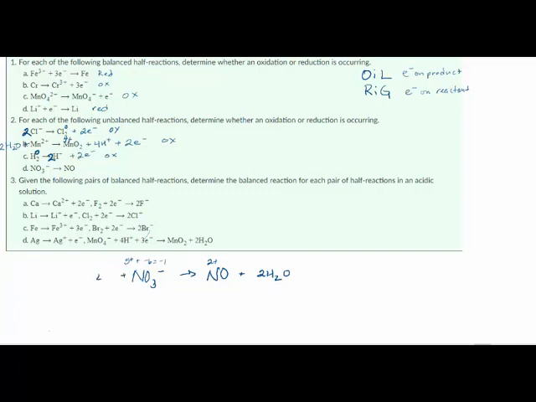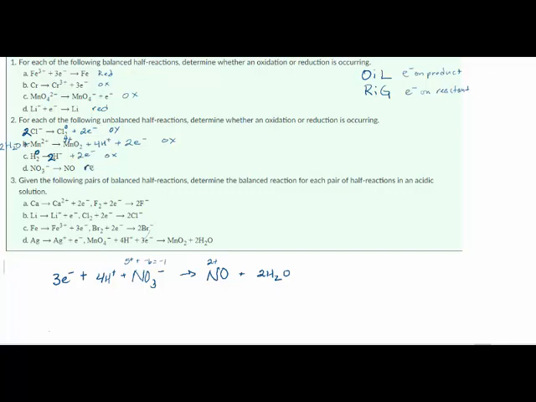I have a +4 and a -1, which overall would be a +3. I have no charge on this side, so I must have 3 electrons on the reactant side. Because it's on the reactant side, that is a reduction.